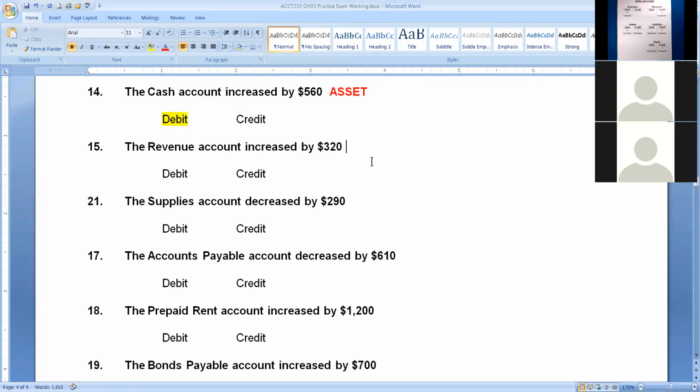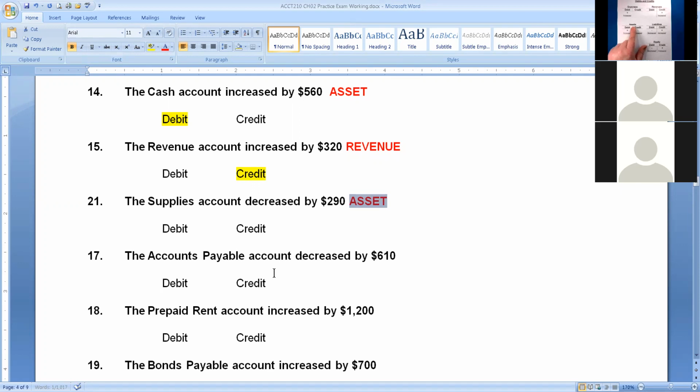Revenue is a revenue account. Debit or credit? Would it be a credit? Yep. Supplies account. What kind of account? It's an asset. That's right. So supplies account decreased.